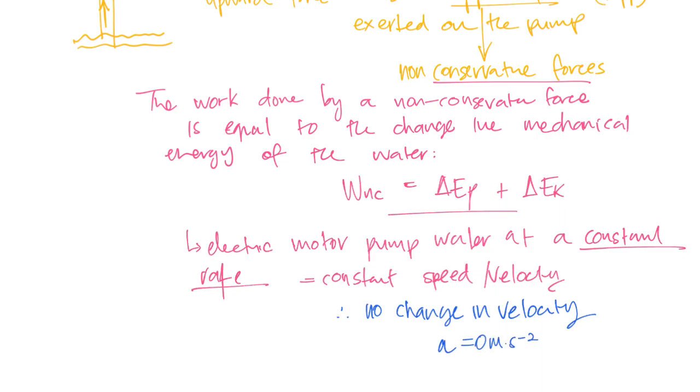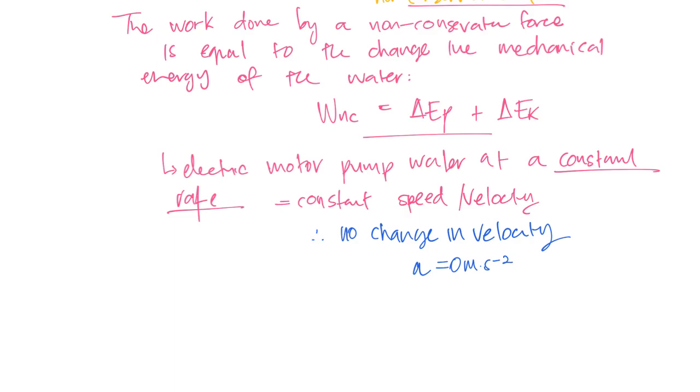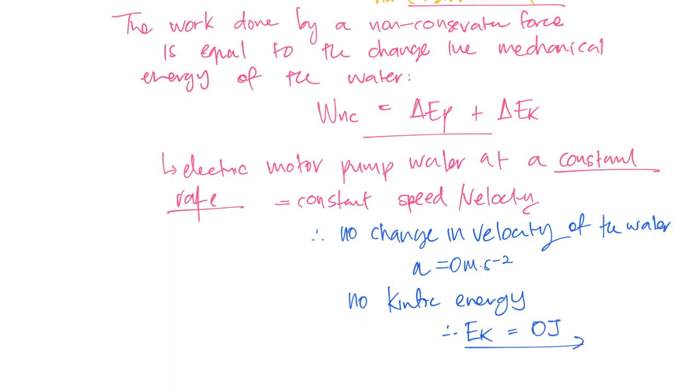And I know that if I have no change in velocity of the water, then there is no kinetic energy. And therefore, my EK must be equal to 0 joules. So whenever it comes to EK and it's at a constant rate, then I know that EK must be equal to 0 joules.